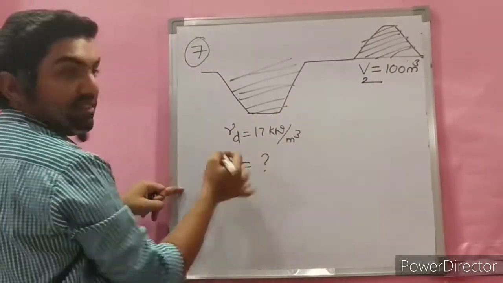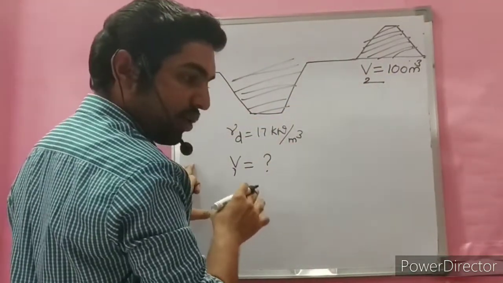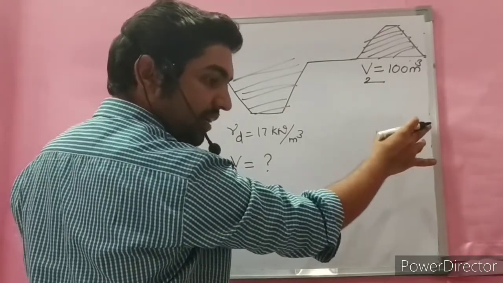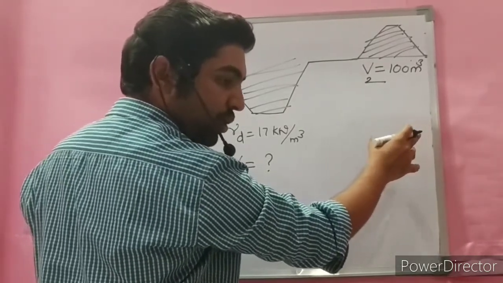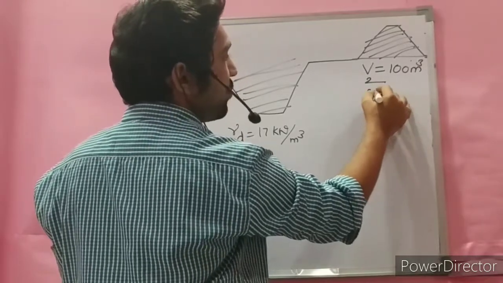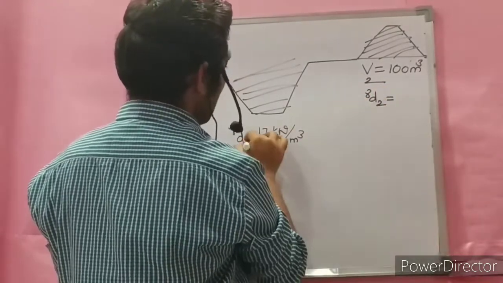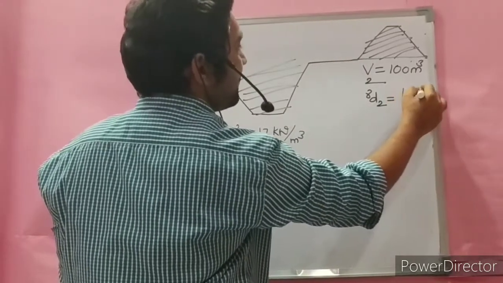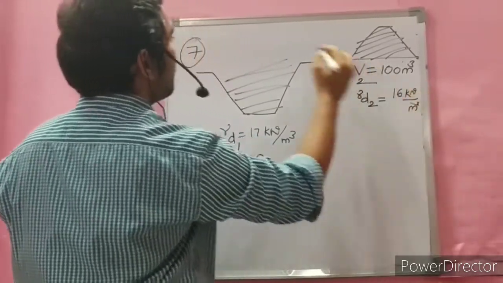Let us denote the borrow pit volume as V1. The embankment has dry density gamma D2 equal to 16 kilonewton per meter cube. This was asked in GATE 2000.